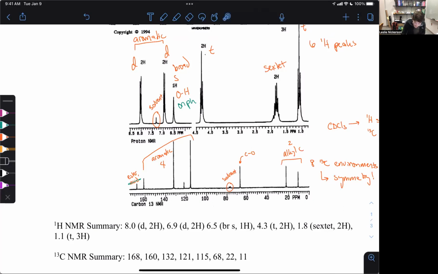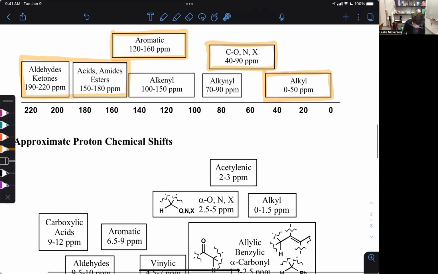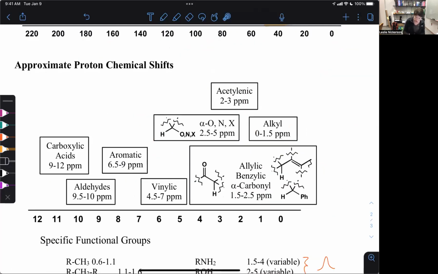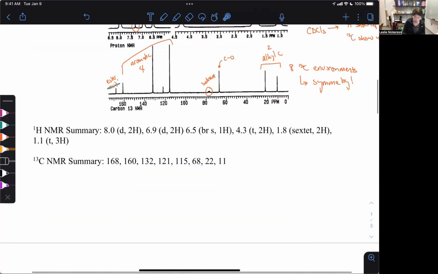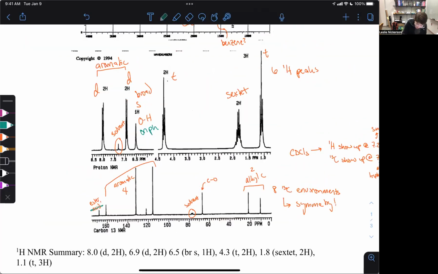All right, so let's look at this triplet that's 4.3-ish. So 4.3, we're looking pretty much right here, right? Just in that 2.5 to 5 range, and that's alpha to oxygen and nitrogen. But in this case, we only have oxygen, so this is going to be alpha to oxygen.